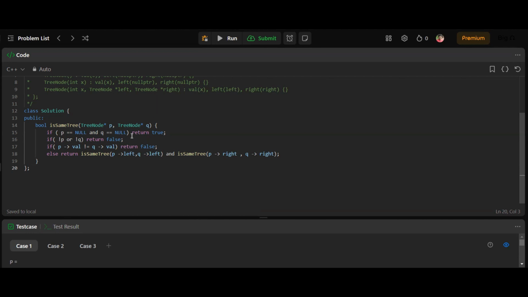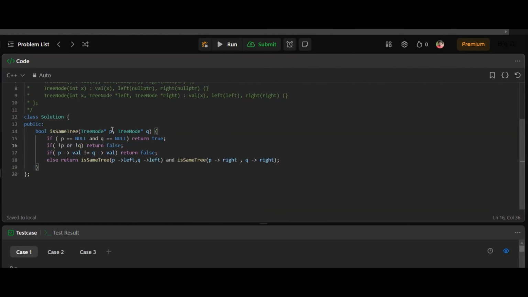So in this situation, we have to return false. In the third base case, we have to check whether the values of both nodes are equal or not. If they are not equal, then we have to return false. After that, we have to recursively call the function, which is isSameTree, on the left subtree and also the right subtree as well.